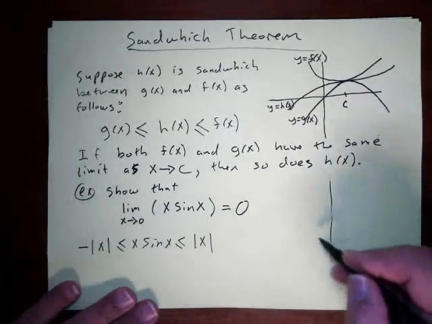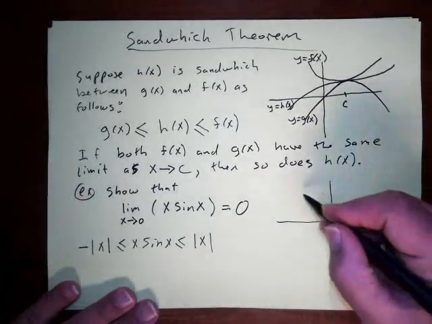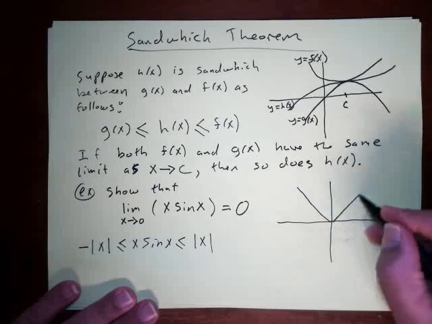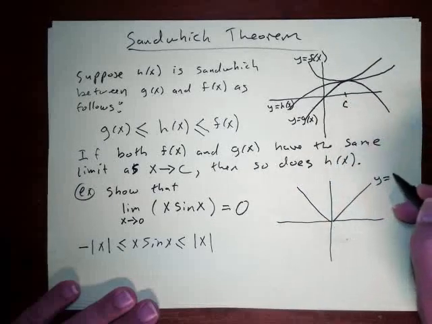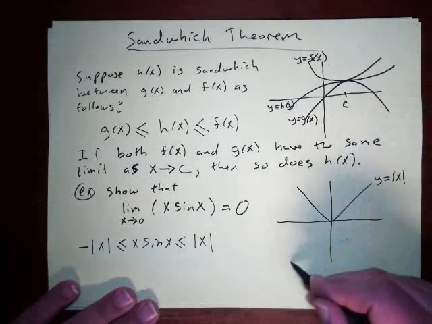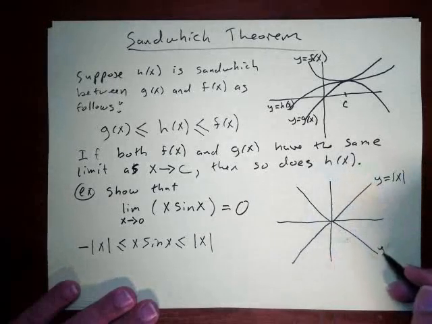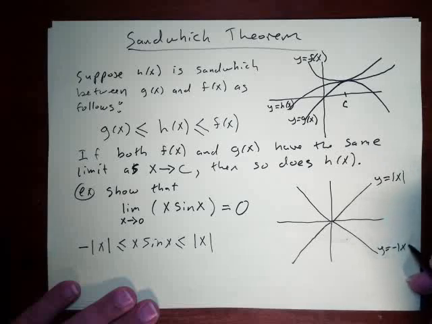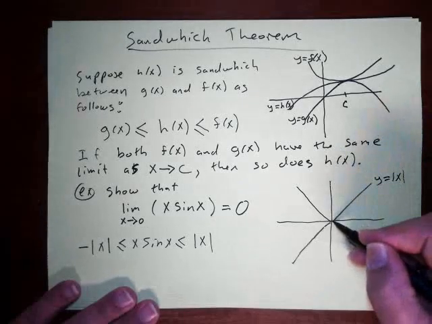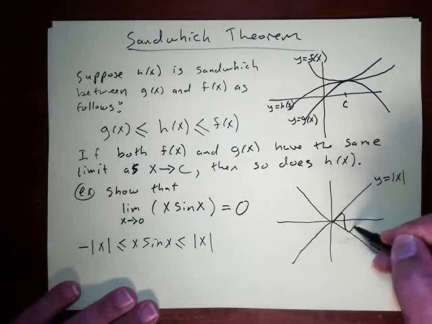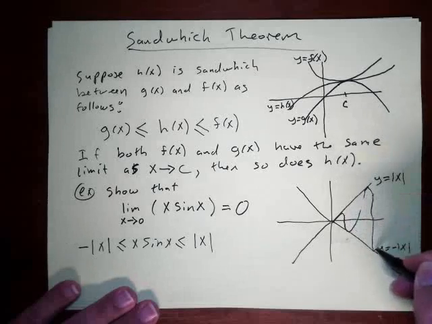So let me actually draw a picture here. Here's y equals the absolute value of x, and then here is y equals the opposite of the absolute value of x. And I'm not going to necessarily do this right, but this thing is going to look like this.